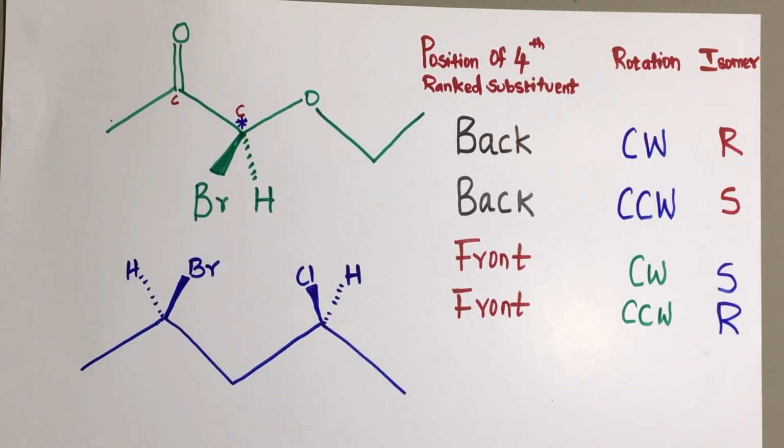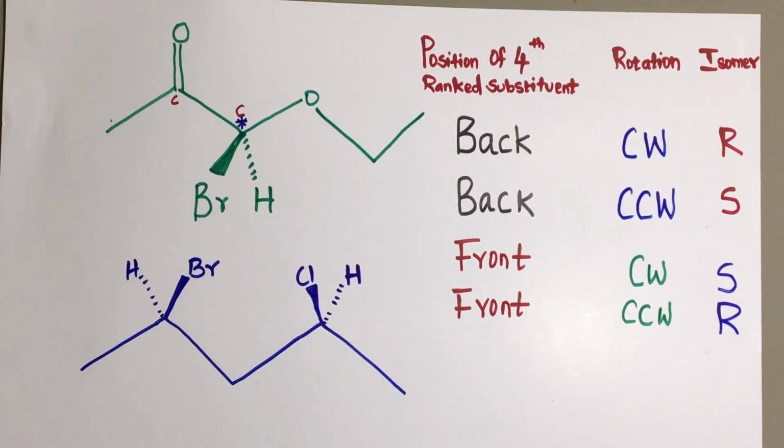Something I probably didn't mention in the video, but I figured I would have eventually said it during another example, is that if a carbon contains a double bond, that carbon cannot be chiral. So I put an asterisk and a C on the carbon that I'm going to be working with.